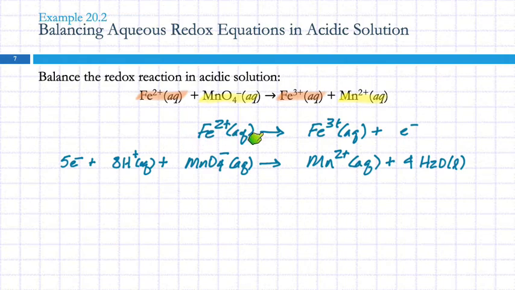So if I multiply these coefficients by 5, then I'll have 5 electrons, and it will still be balanced, because I'm just making more of everything. So I have to have 5 of these things happening to give me the 5 electrons so that this reaction can go. Then we're going to add them together.